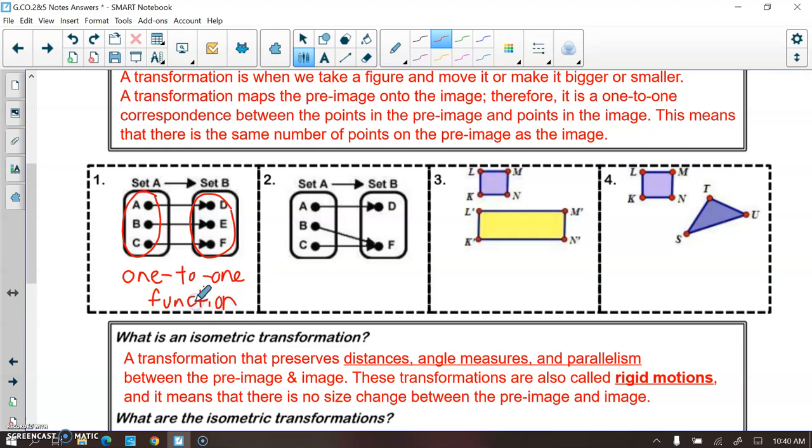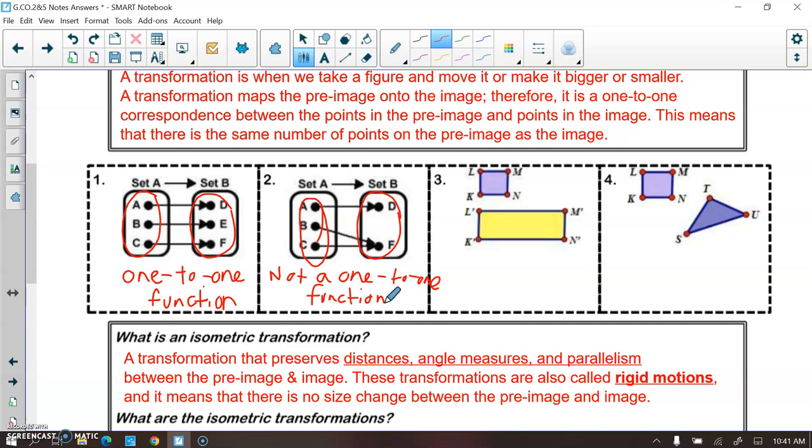Whereas in number 2, there's 3 points in set A, but there's only 2 points in set B. So for algebra, this is not a one-to-one function. If we were back in algebra, we can determine if something's a one-to-one function versus something that's not a one-to-one function. Now number 2 is still a function, it's just not a one-to-one function.